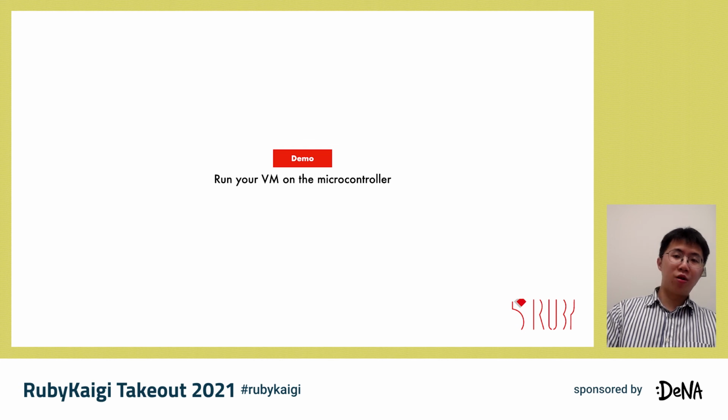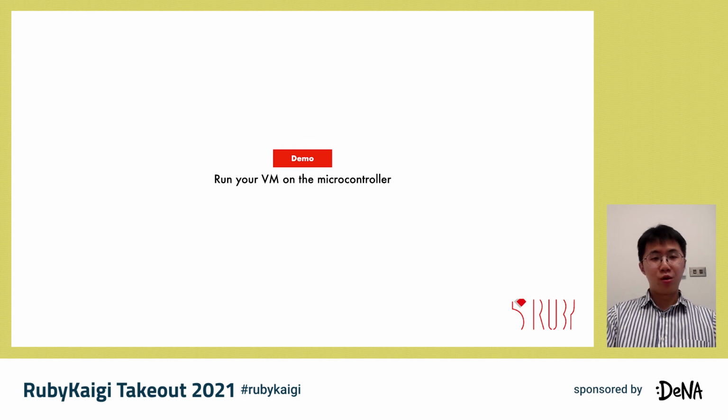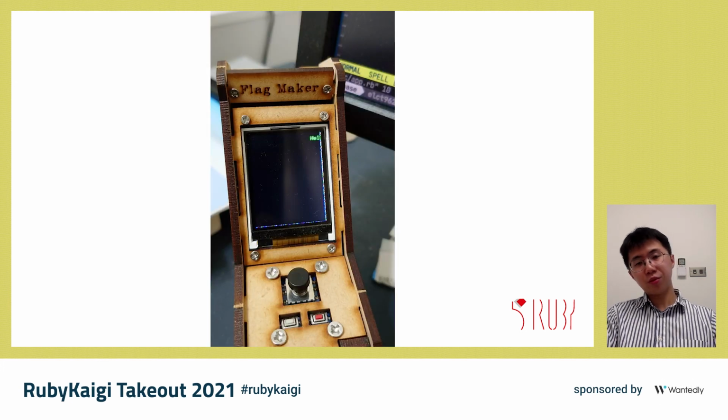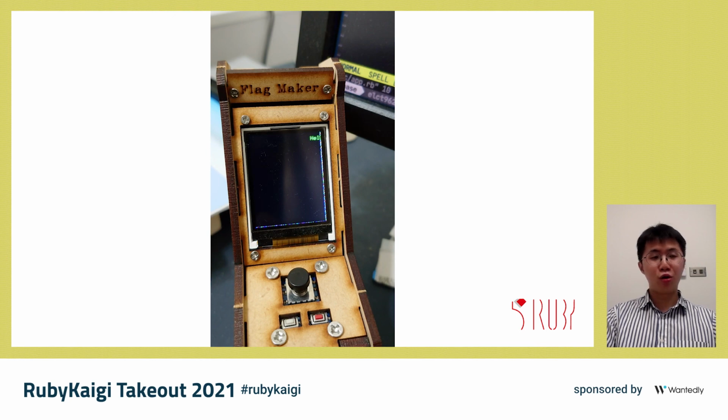I have a small demo to show my progress when I try to run it on a microcontroller. This is a mini arcade station I bought from the internet, and it has a microcontroller that is not supported by any Ruby project, so I had to build my own Ruby virtual machine and run it on it.